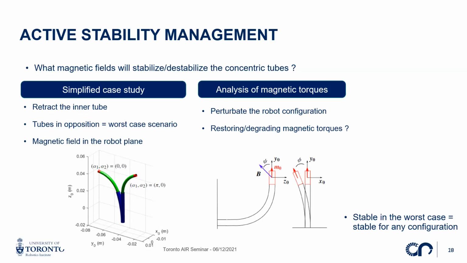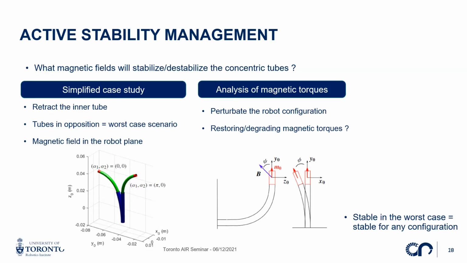With theoretical work, by perturbing the robot configuration around this specific configuration, and then analyzing the magnetic torques that are actually applied, we can detect and select magnetic fields that will tend to put the robot back to its initial configuration after the perturbation, which will have a stabilizing effect on the robot, or put this robot away from its initial configuration, which will have a destabilizing effect.